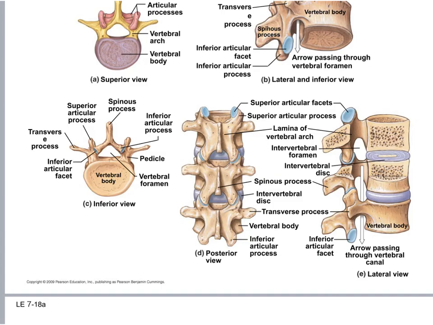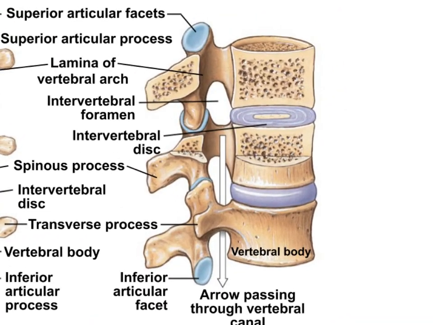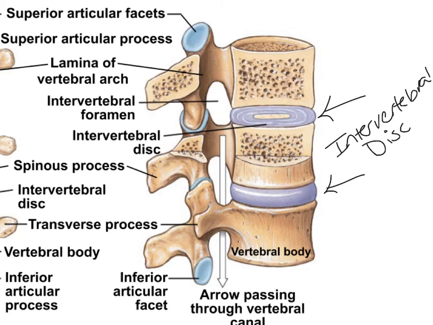Okay, so in between each one of the vertebrae, we have an intervertebral disc. This is actually made up of that fibrous cartilage that we talked about in tissues.